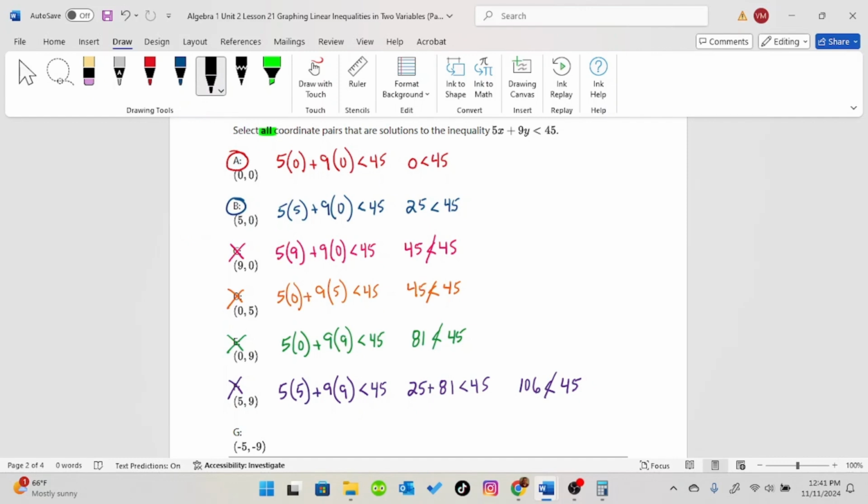Our final option, 5 times negative 5 plus 9 times negative 9 should be less than 45. 5 times negative 5 is negative 25. 9 times negative 9 is negative 81.